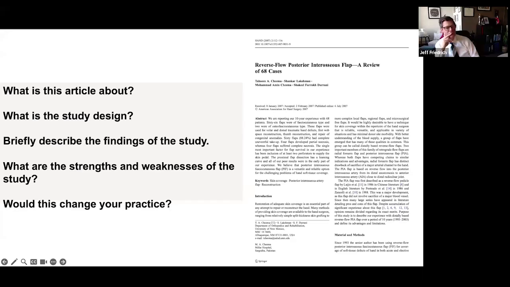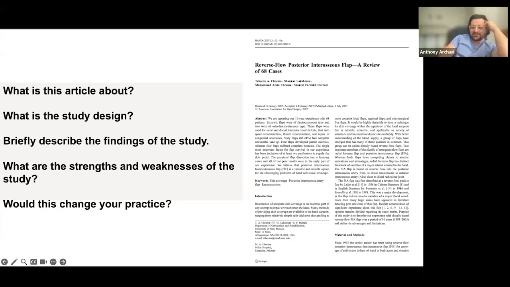They ranged in age from 4 years to 68. The mean was in the late 30s. The preponderance of patients was male, 56 to 12, male to female. They were almost all fasciocutaneous flaps, although they did have 2 osseo-fasciocutaneous flaps in the mix. They talk about their flap dimensions, and they graded the outcome as good, satisfactory, or poor.